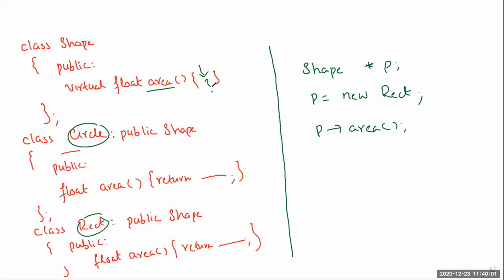Unless we know what shape it is, we cannot compute area, right? If I ask you, what is the area of shape, you cannot tell me the answer, because first you need to know whether it's a circle or a rectangle or a square, so that you can use the appropriate formula and compute the area. So you cannot compute the area of just a shape. You can only compute it if you know it's a circle or a rectangle and so on, right?